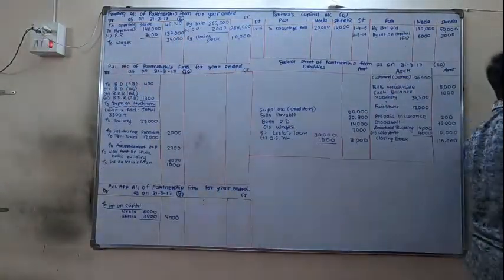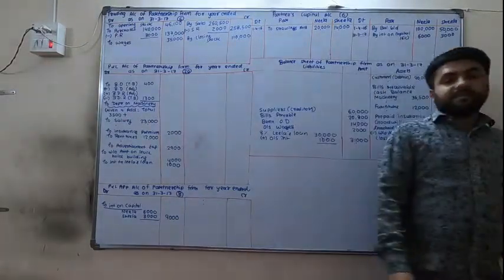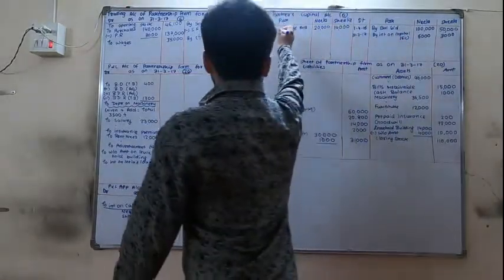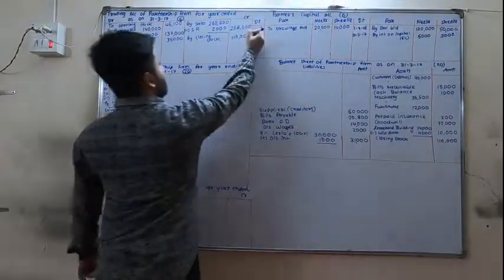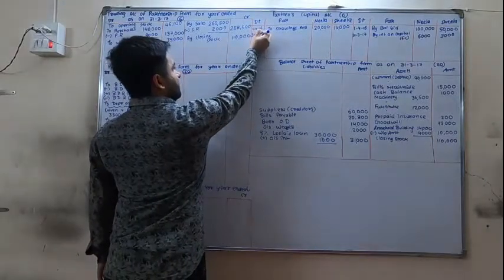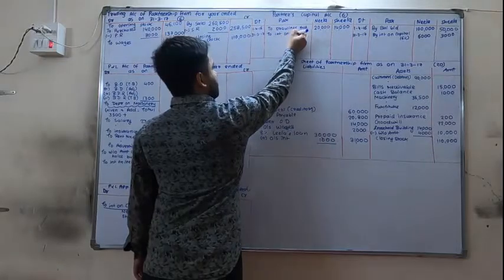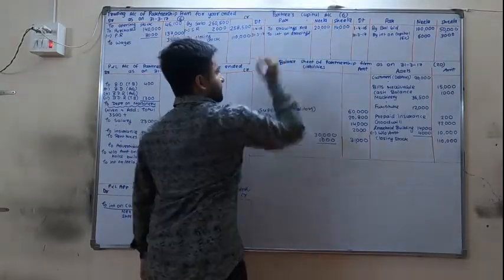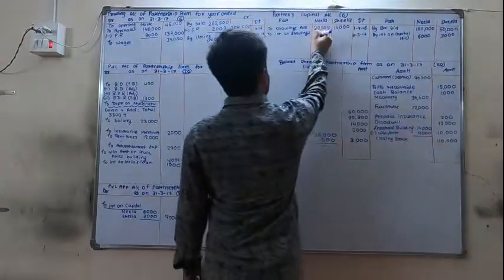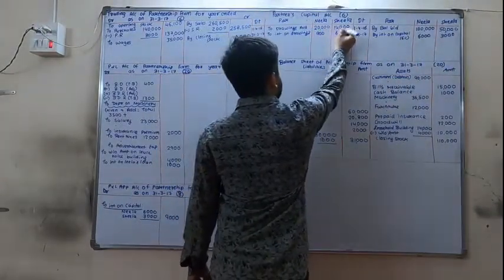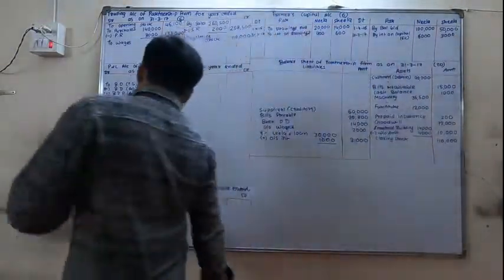Next, interest on drawings is already calculated, 900 and 600. Now drawings is debit, so interest on drawings is debited here and credited here. On 31.3.17, to interest on drawings, 900, 600. We don't have to take any percentage, the book has given 900, 600 directly. There it is debited, here it should be credited.